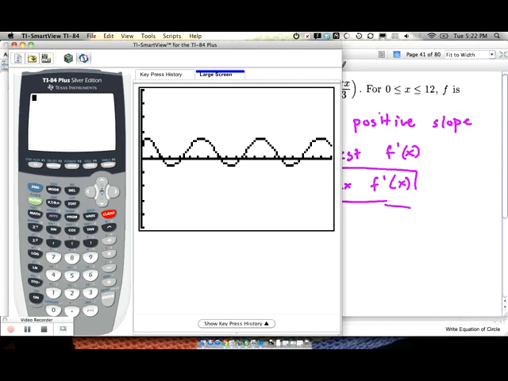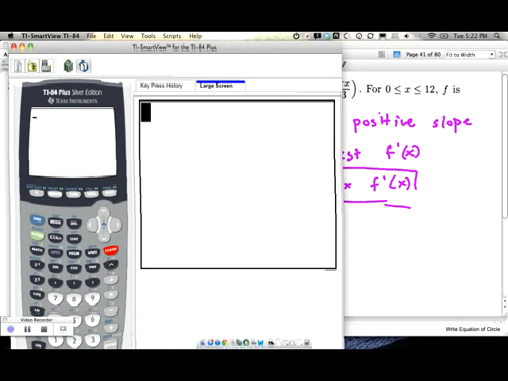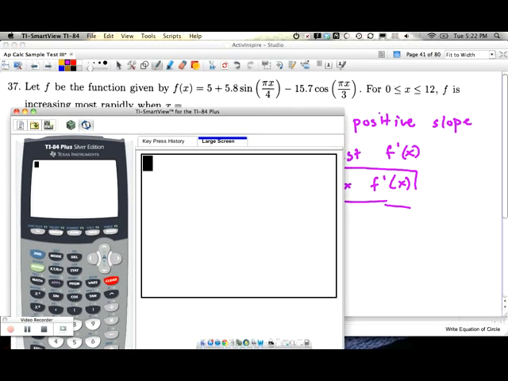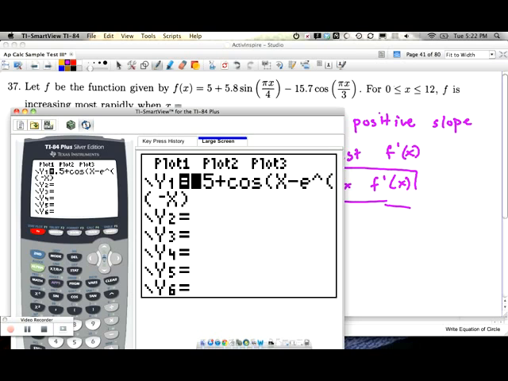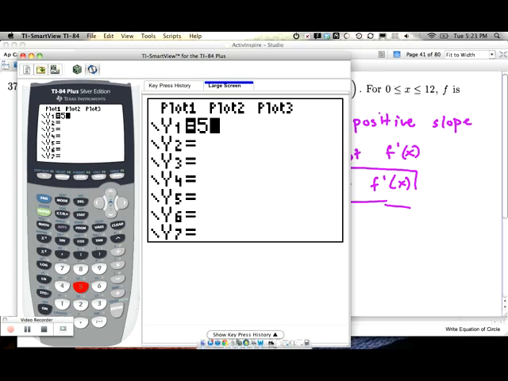So let's start with the original function. Go back to y equals. Clear this one out. Whoa, this is going to be a little bit hard.